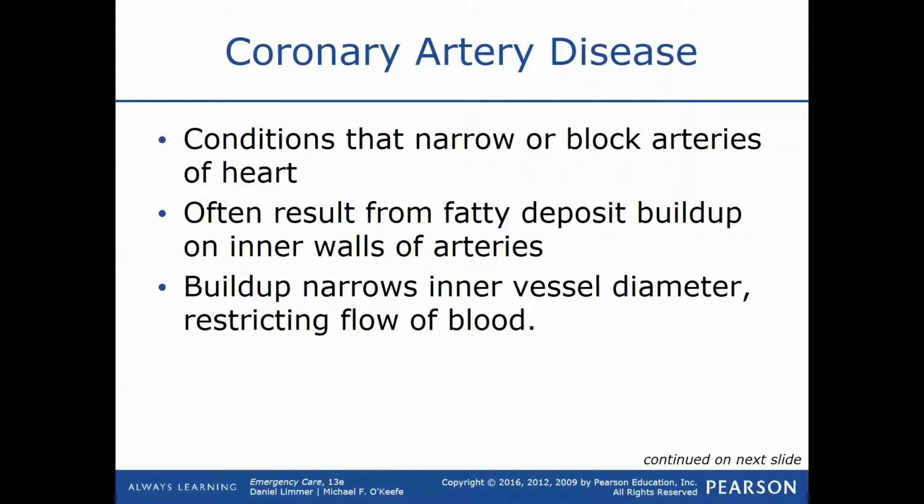But as soon as the person relaxes, that's the good thing about coronary artery disease, the vessels will go back to their natural size, which are kind of naturally constricted already because of that layer, and that pain will go away.